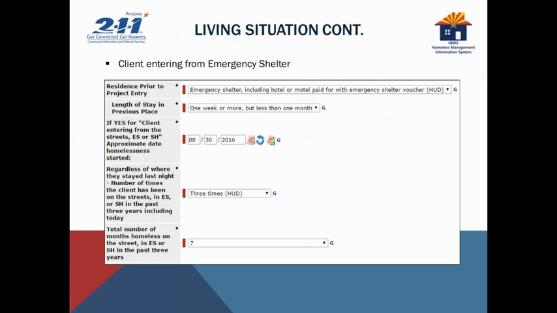Then, regardless of where they stayed last night, number of times the client has been on the streets, in emergency shelter, or safe haven in the past 3 years, including today. Lastly, the total number of months homeless on the street, in emergency shelter, or safe haven in the past 3 years.